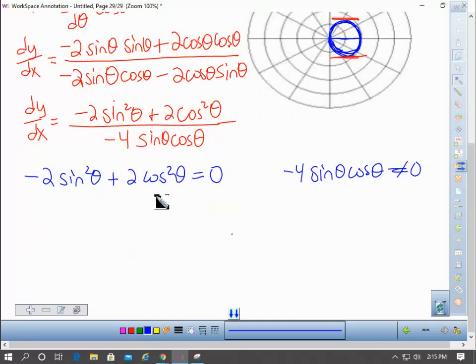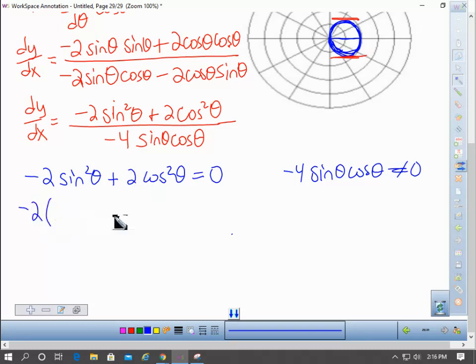All right, so let's make this equal 0. So in order to solve this equation, I need to have it either all in sines or all in cosines. So what we need to do is make some type of substitution so that I have either all sines or all cosines. So the easiest thing to do is to use the sine squared plus cosine squared equals 1.